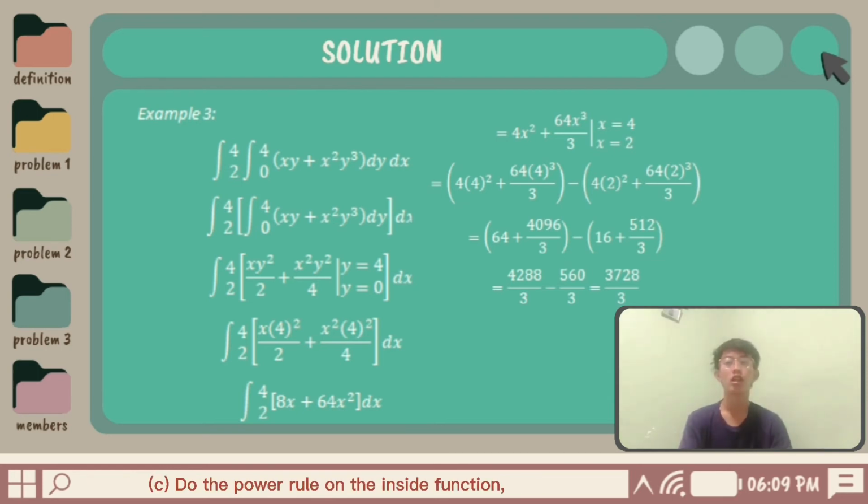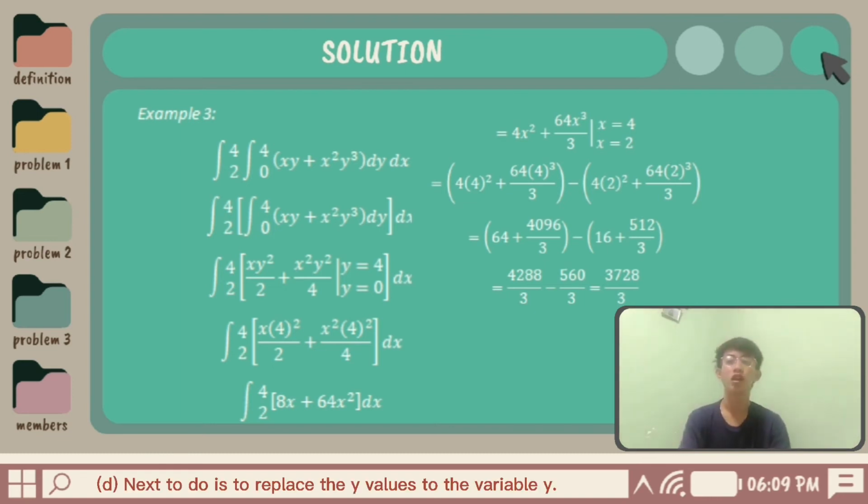Letter C, do the power rule on the inside function. We will have integral 4 and 2 parenthesis integral 4 and 0 of the function xy squared over 2 plus x squared y to the 4th over 4, y is equal to 4 and y is equal to 0 dx.